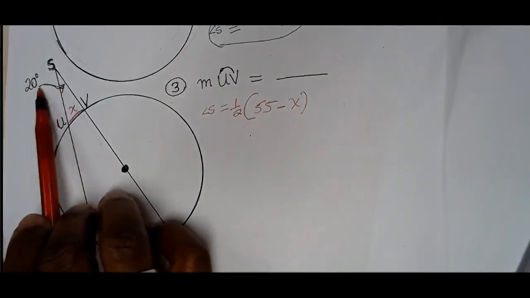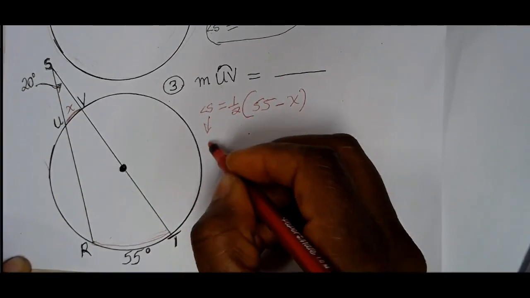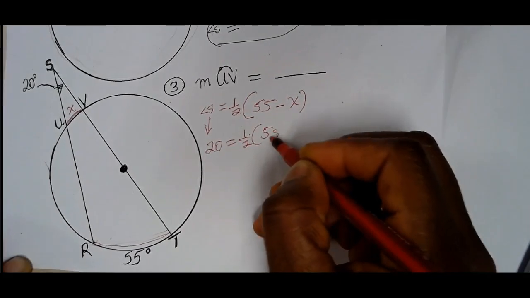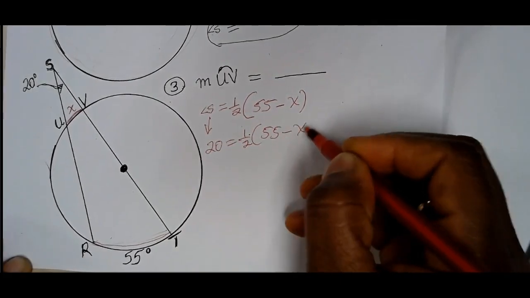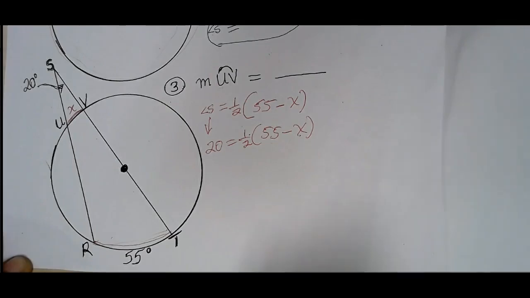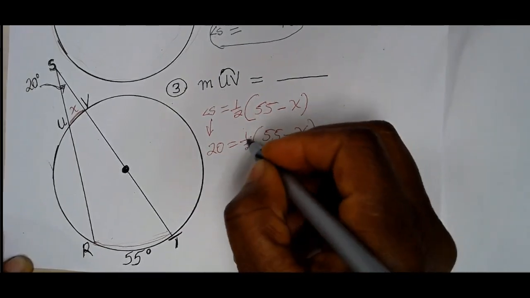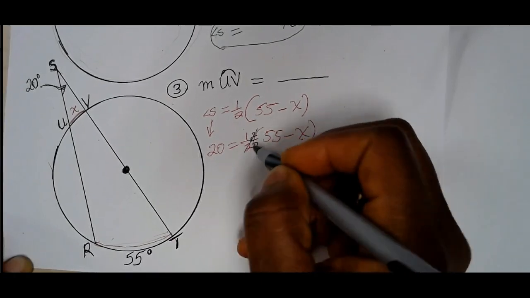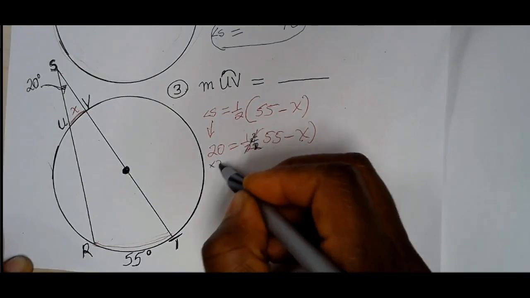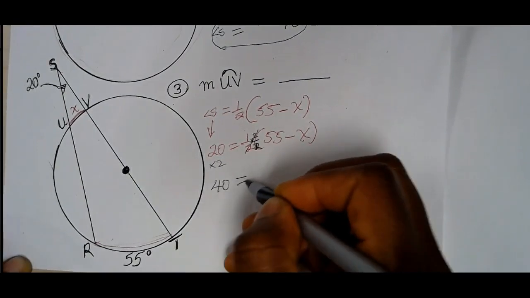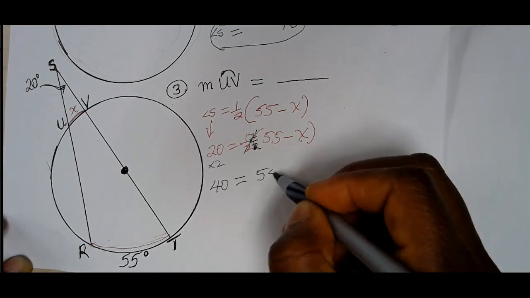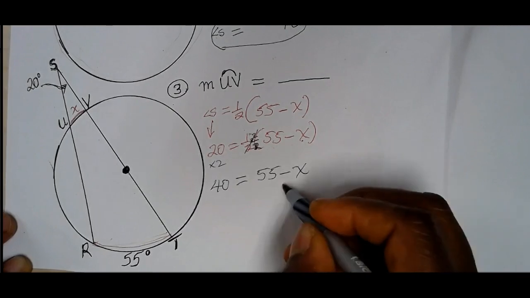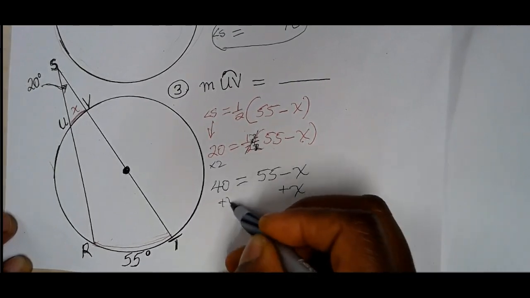And angle S is 20. It's given to us. So we replace this with 20. We cannot simplify 55 minus x because they are not like terms, so we leave it like that. But we can multiply both sides by 2. That gives us 40, and it gets rid of the 1/2. Then we have 55 minus x, and we can add x to both sides to make it positive.